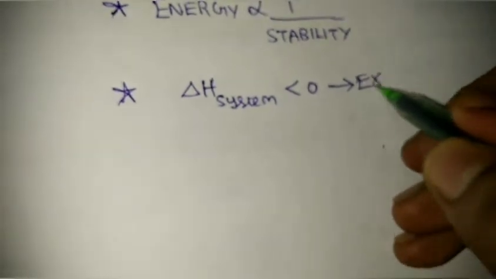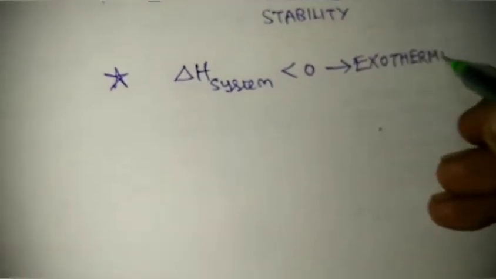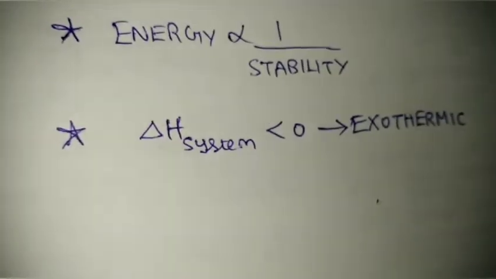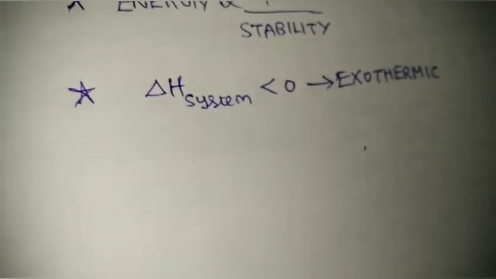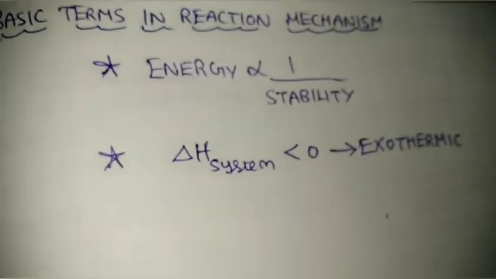Exothermic means what? Exo means outside, thermic means something related to heat. Exothermic means the heat is released out during the process, okay? Heat is released, or you can say energy is released, okay? That's the basic idea.